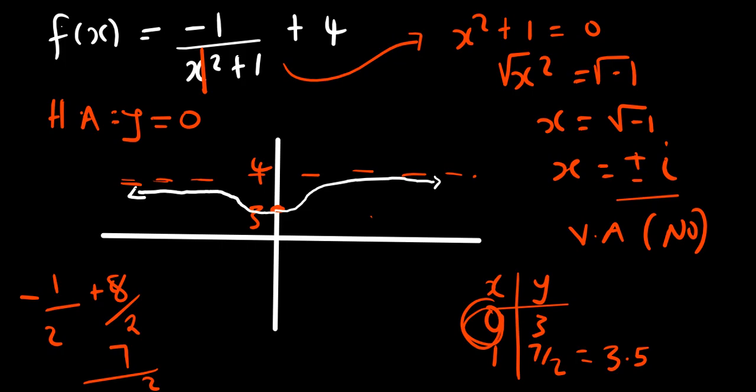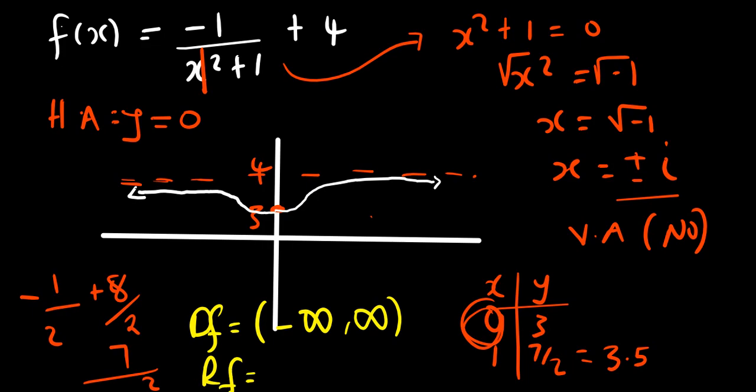But now what will be the domain and the range? The domain for this function will be all the values from negative infinity to positive infinity. Everything exists because we don't have vertical asymptotes. Then the range for this function will be what?